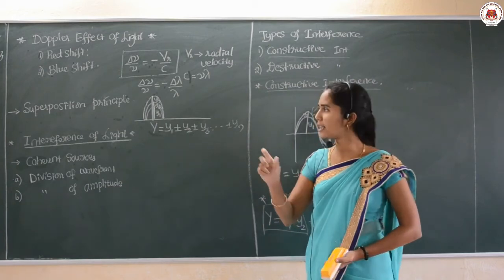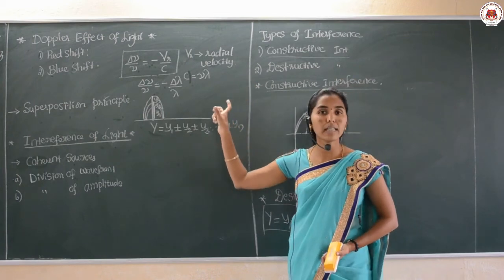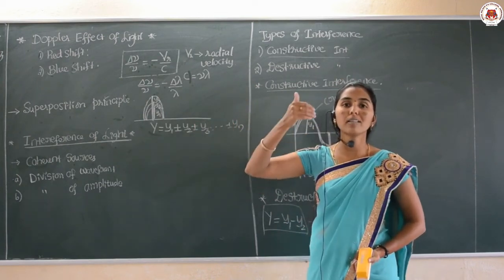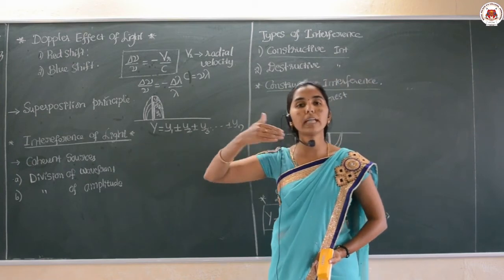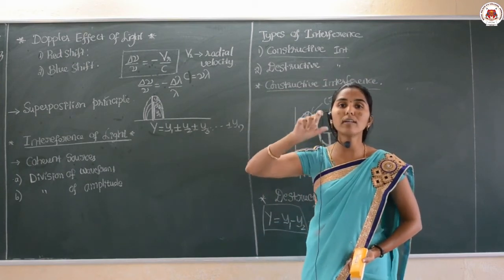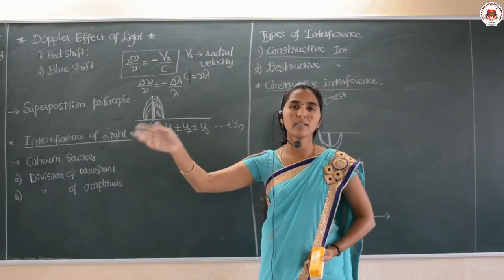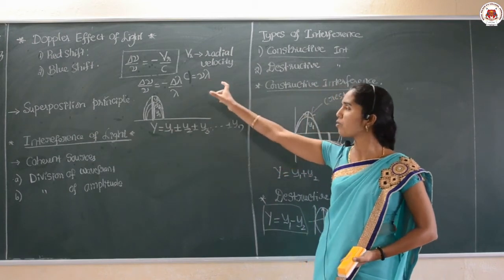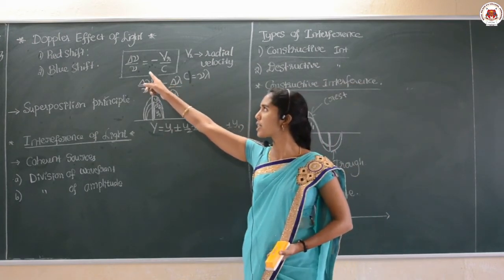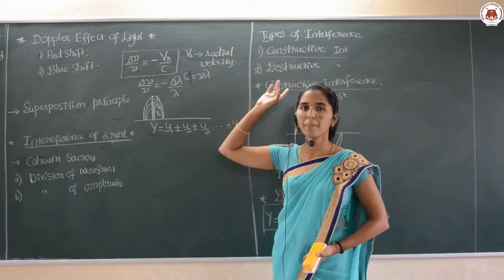And we started today with the concept of the Doppler effect, that we need to study if the source of the light is moving nearer or away from the observer, how the wavelength or the frequency is going to be changed. Yes, and that is given by the formula.